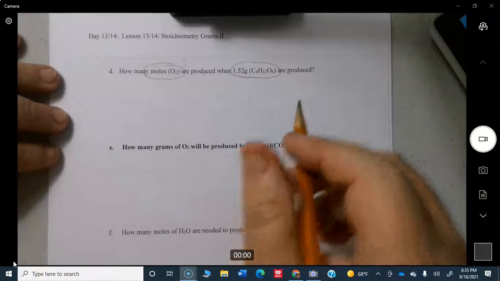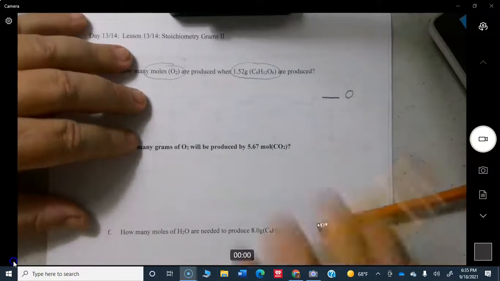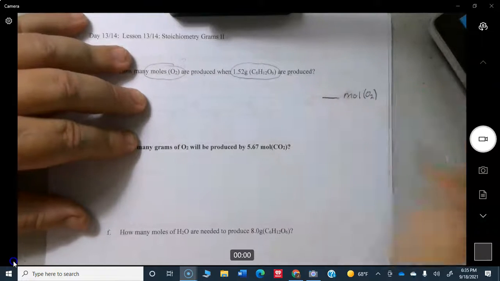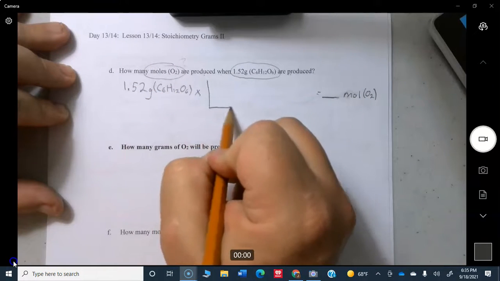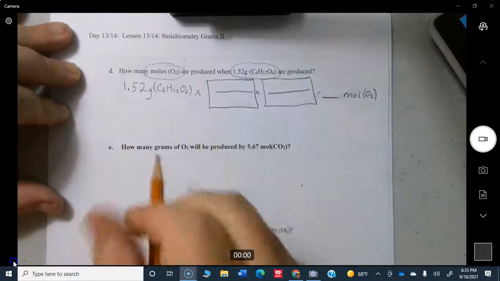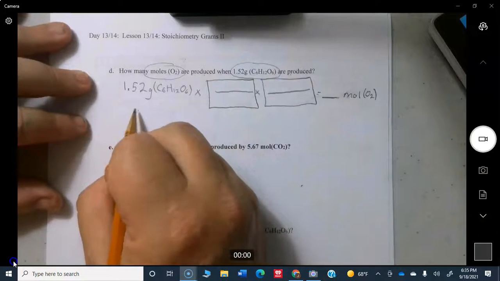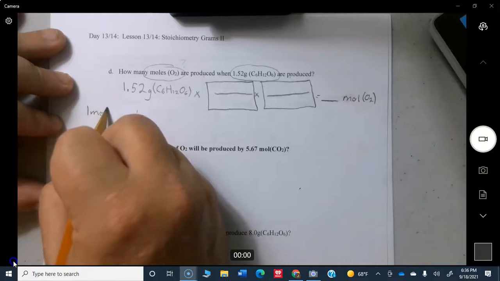Let's get our equation set up first. And we saw that's going to be two conversions, two boxes. Okay, the first one was the molar mass of the sugar. It's a long chemical formula, relatively speaking.